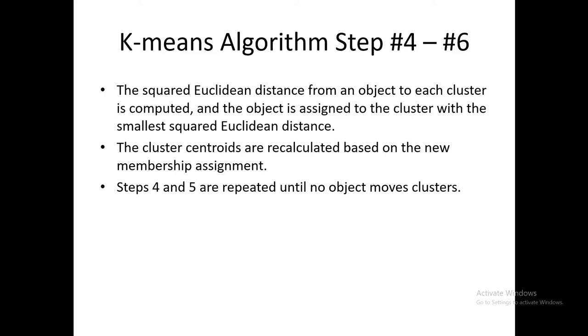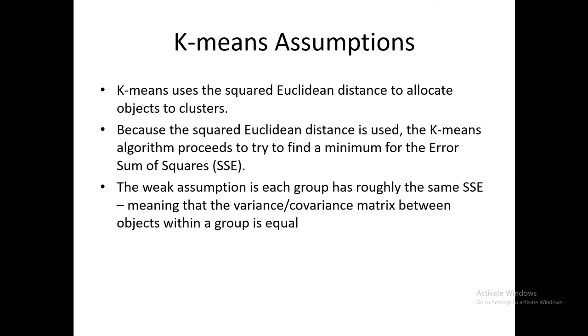no objects move clusters. In k-means, we assume that k-means uses the squared Euclidean distance to allocate the objects to clusters, and because the squared Euclidean distance is used, the algorithm tries to find the minimum of the error sum of squares, SSE.